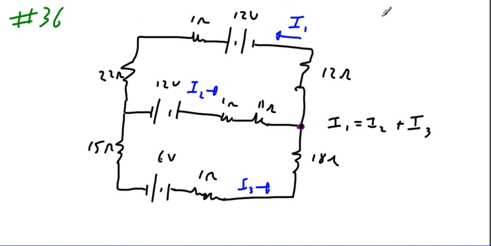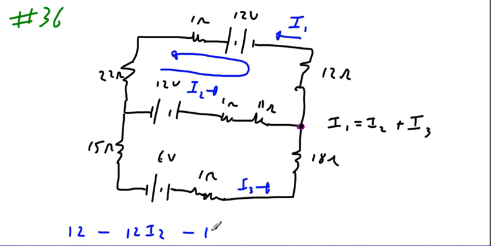Our next equation, we will do a loop that way, in that direction, and we see that we go up 12, we go down 12 I2, we go down 12 I1, we go up 12, we go down, that's 12 volts, right? 12 volts, 12 volts.